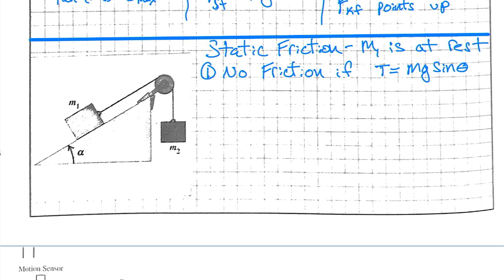We have no net force and no acceleration. If there was friction in this case, it would unbalance the forces that are already there, and it would cause acceleration. And the block would move.